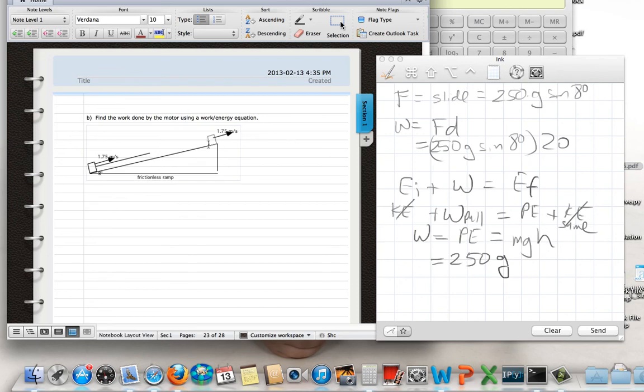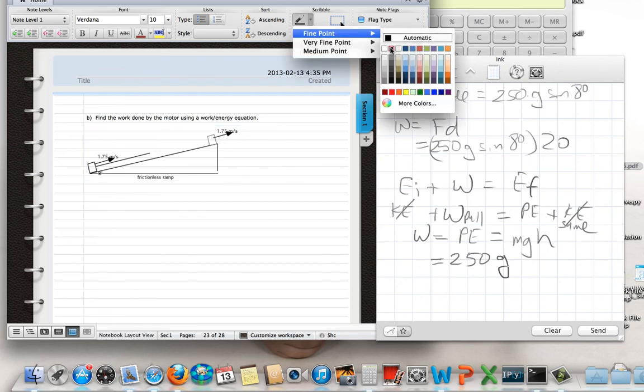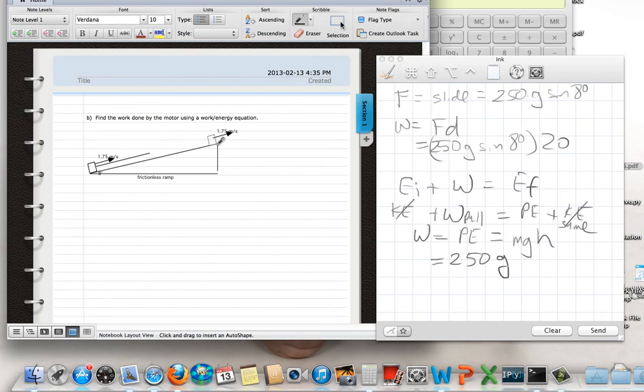What is the height? Well, it's equal to this height right here. Now that isn't given, but we do know the length of the ramp is 20, and we know this angle down here is 8 degrees, so we can say that the height, the opposite side, will be 20 sine of 8 degrees.